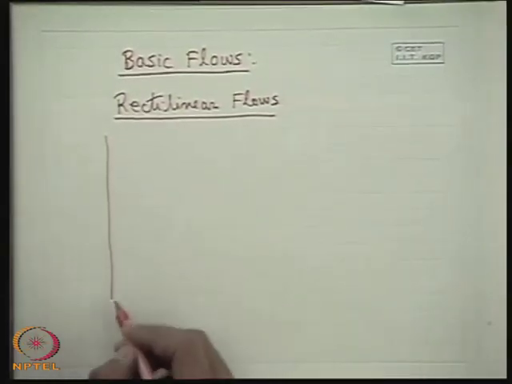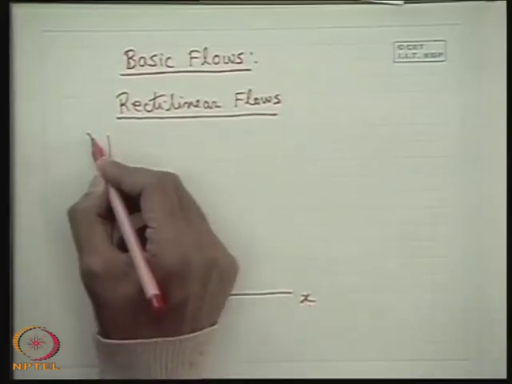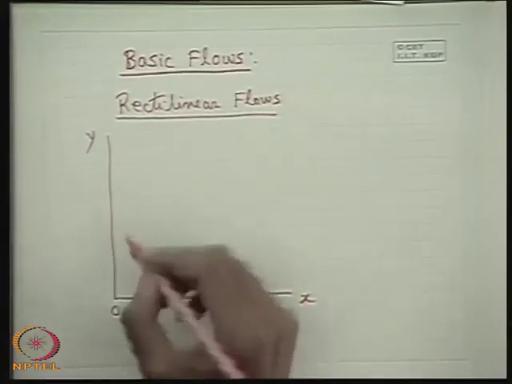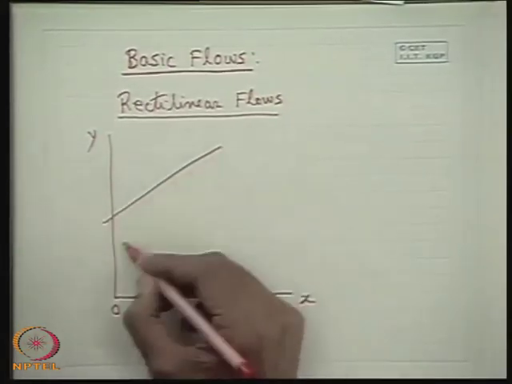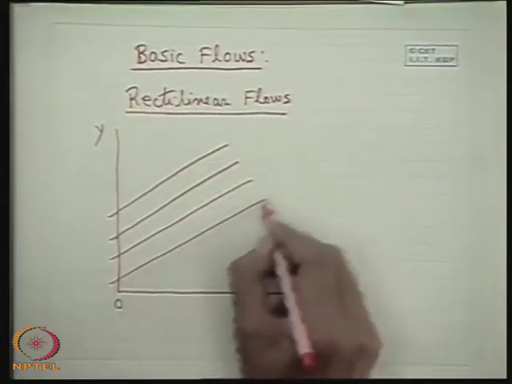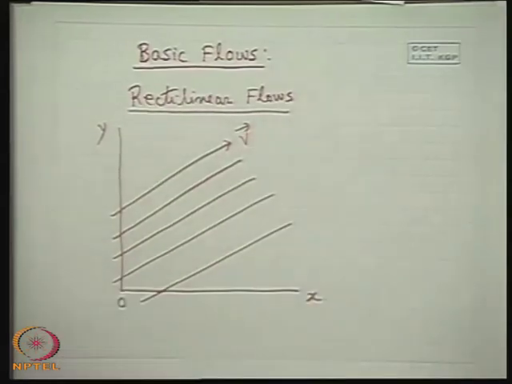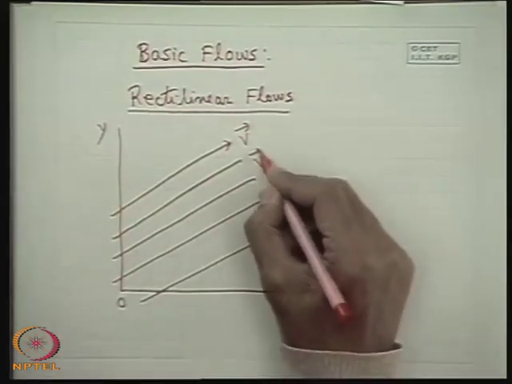If we define it in terms of a two-dimensional Cartesian coordinate system, the most generalized type of rectilinear flow is that along straight lines parallel to each other, the velocity vector is like this.